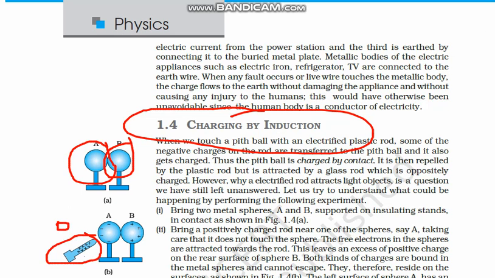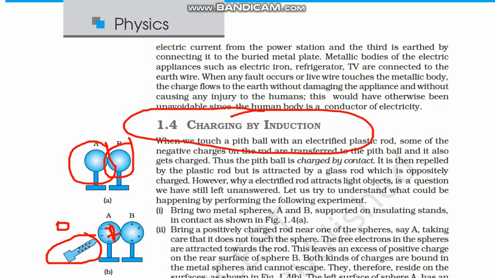In the previous case with the electroscope, we charged this object using friction, by rubbing. If we touch it to another pith ball or object, some positive charge would be transferred to it.